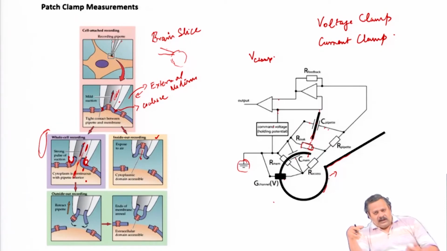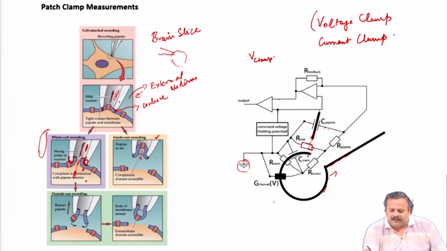So the current that we are supplying, if we can measure that, is equivalent to the current that has to flow across the membrane to maintain that voltage. So in voltage clamp mode, we can measure the membrane current, I.